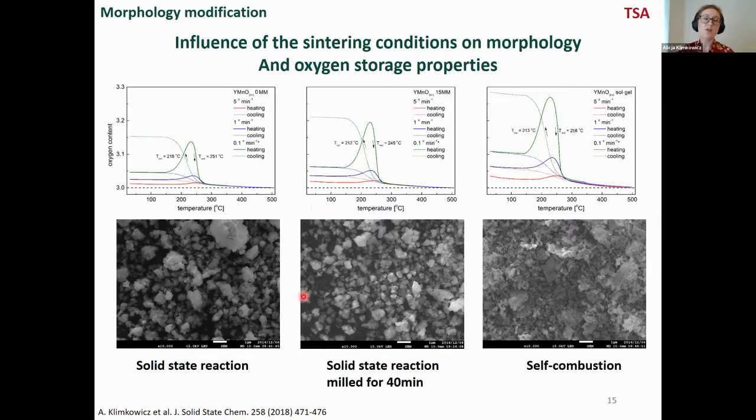But if we mill such material, then we can actually introduce more oxygen in the same time. The measurements here have been standardized, so the time is the same. And if we introduce the self-combustion method for material preparation, you can see we can increase the achieved capacity greatly. So morphology modification also works for this type of materials.